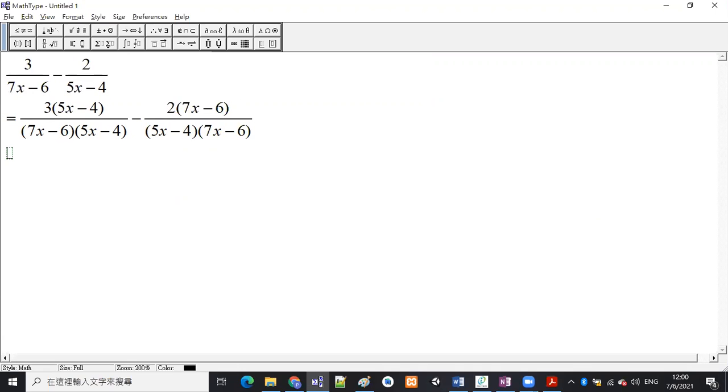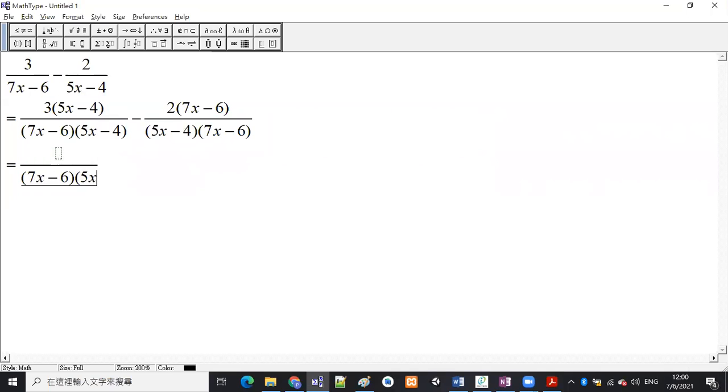That is, finding the common denominator, right? And then when they have the same denominators, you may merge the two fractions together. Then just copy the top parts, like this. Remember, we need to expand the numerators, but not the denominators.